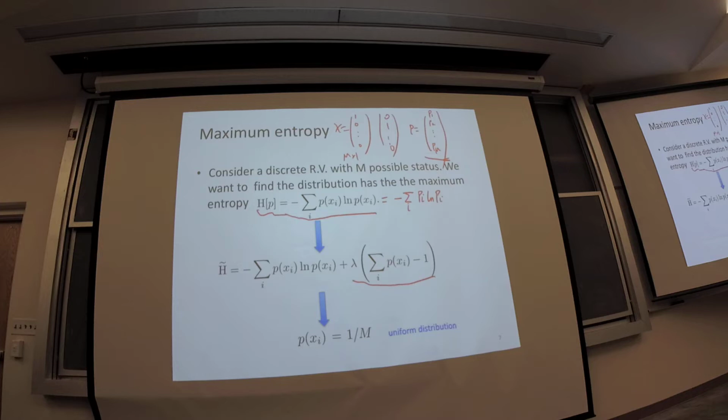Our objective becomes the entropy term plus the Lagrange multiplier on this constraint, and we want to find the optimal P1 to Pn.